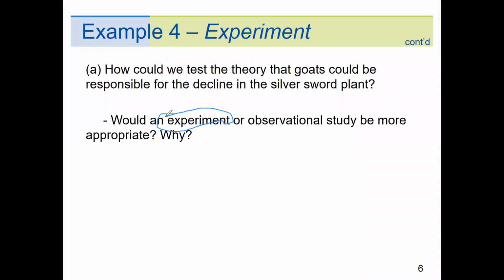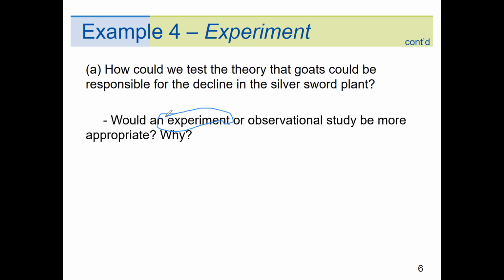Well, perhaps we just section off a certain portion of land, and we observe one section where goats are allowed and one section where they're not allowed. And could we analyze and see the difference between how many plants are left?